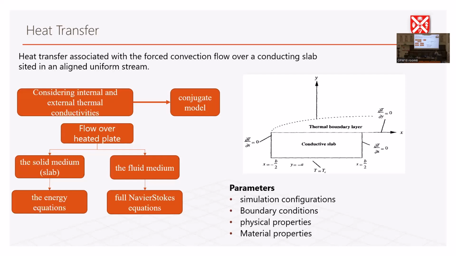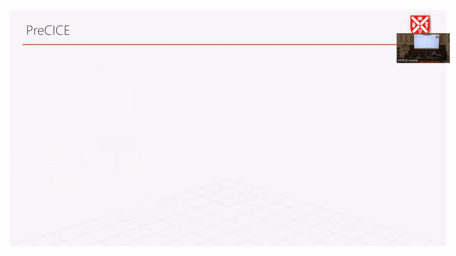We solve the flow equations for the fluid part and the energy equations for the heat transfer. We want to study different parameters in this problem: the simulation configuration, boundary conditions, physical properties, and material properties.